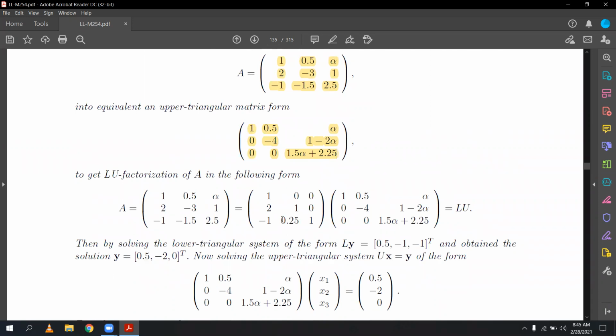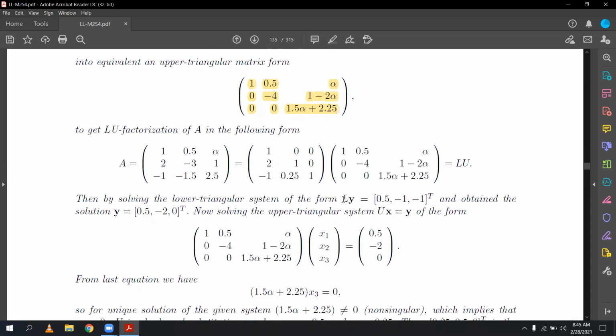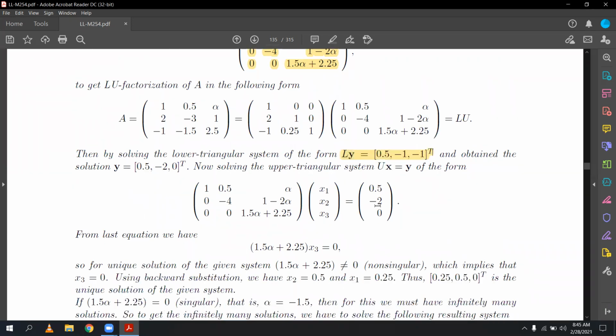Then after having the elements of L and U, you use Ly equal to B given by the teacher, and then you can find the solution. The solution is Y1 is 0.5, Y2 is -2 and 0.